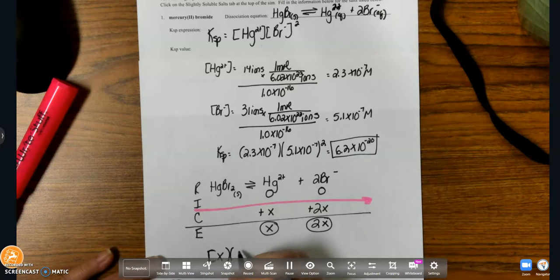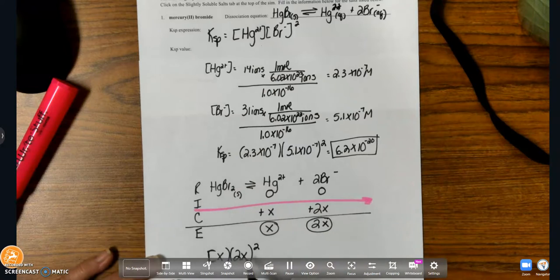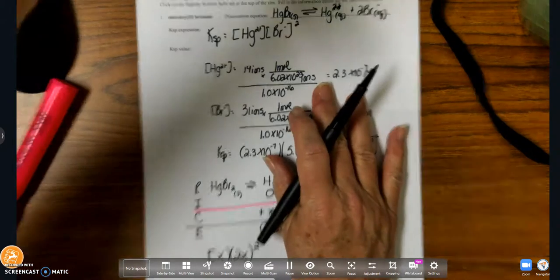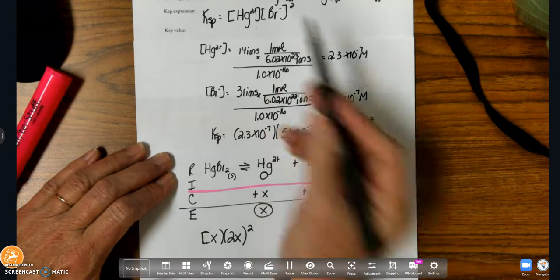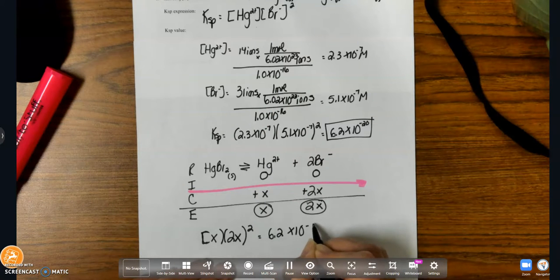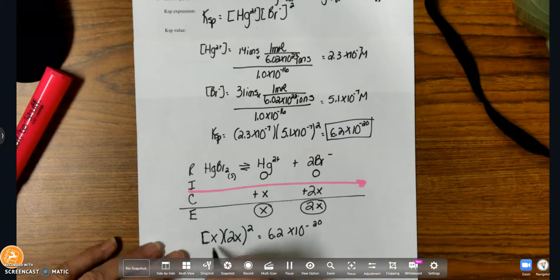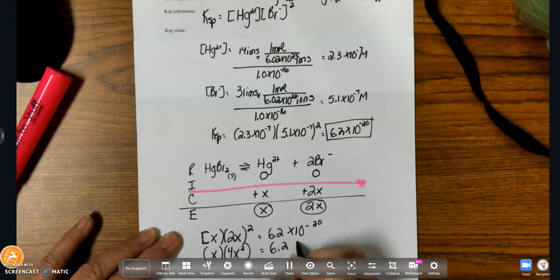So this is going to be X times 2X, what? Squared. All of this is squared because my value is 2X. I'm going to put the whole thing in there, is equal to 6.2 times 10 to the minus 20. Okay, so this is going to be X times 4X squared is equal to 6.2 times 10 to the minus 20, which is 4X cubed is equal to 6.2 times 10 to the minus 20.